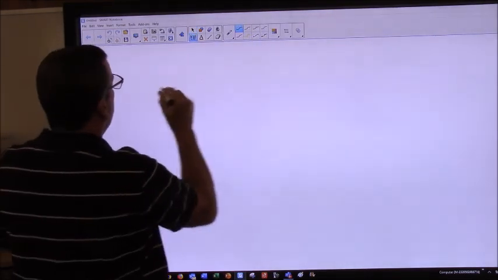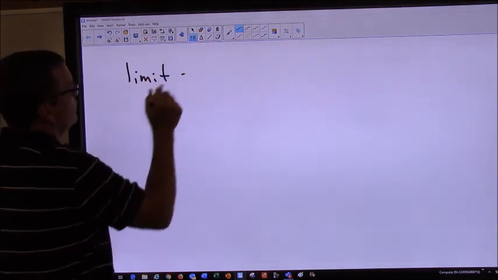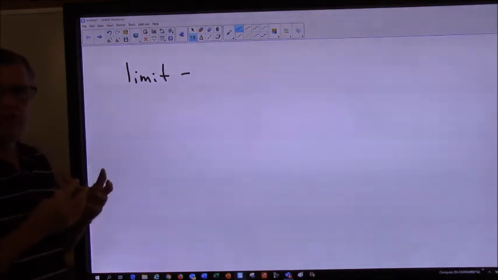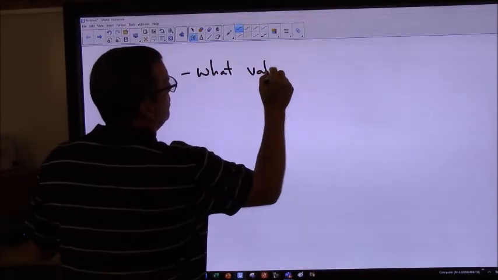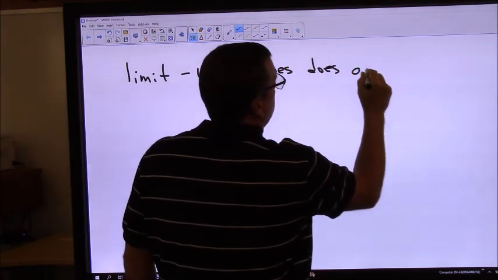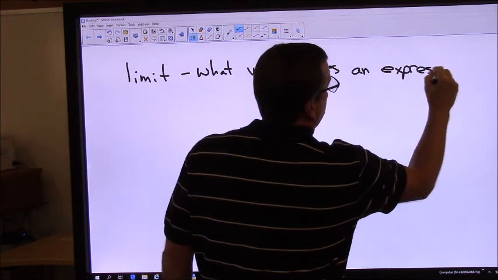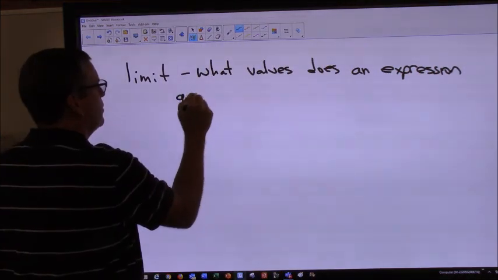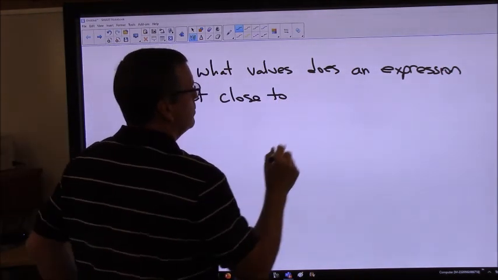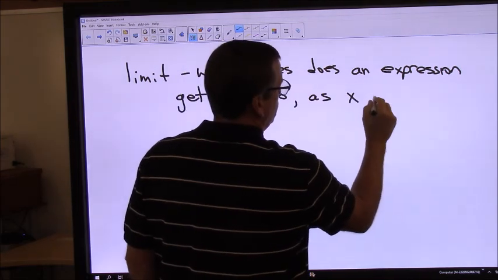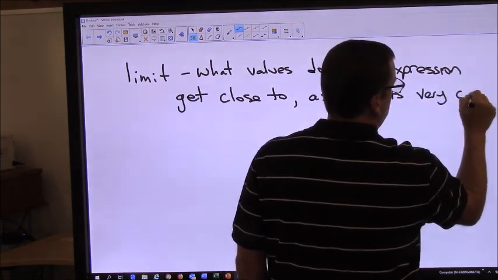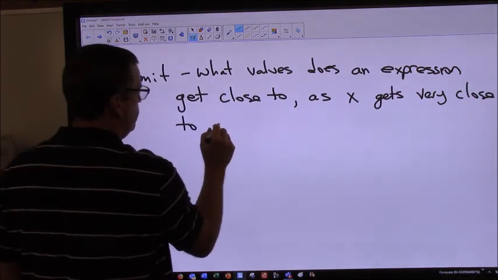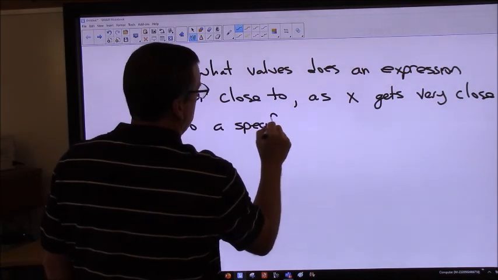And when we say a limit, what we're saying is, what values does an expression get close to as x gets very close to a specific number?